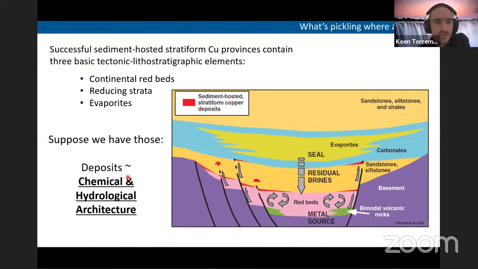What I want to focus on is, suppose we have these elements in a world-class province like the Copperbelt, then where do we find the higher grade mineralization? Part of that is trying to understand the chemical and hydrological architecture, which is not easy and requires observations across scales.